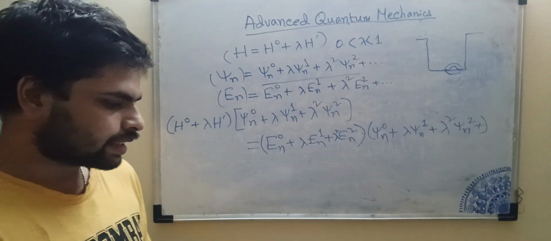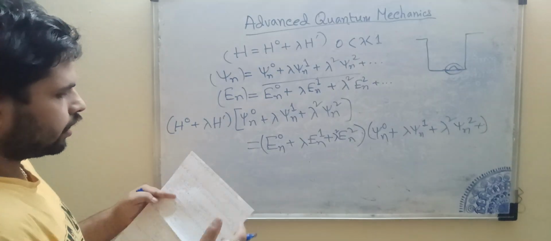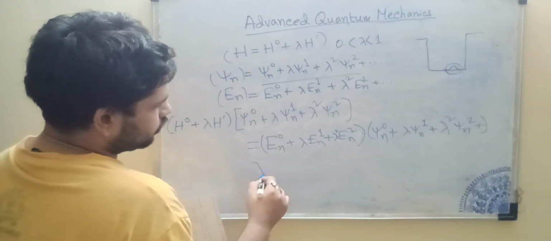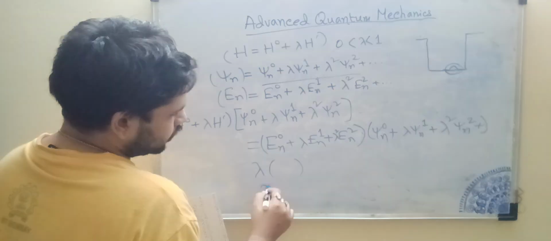So finally, by multiplying those, we will get the coefficients of lambda and lambda square.